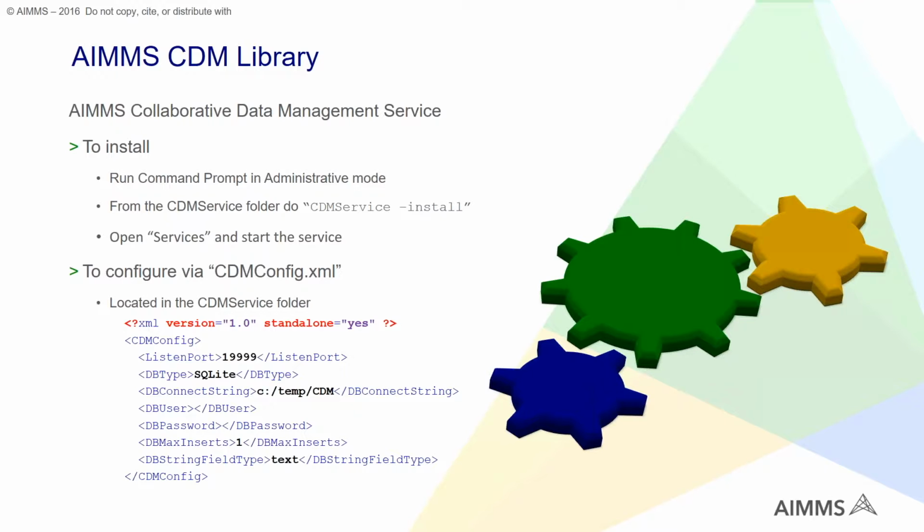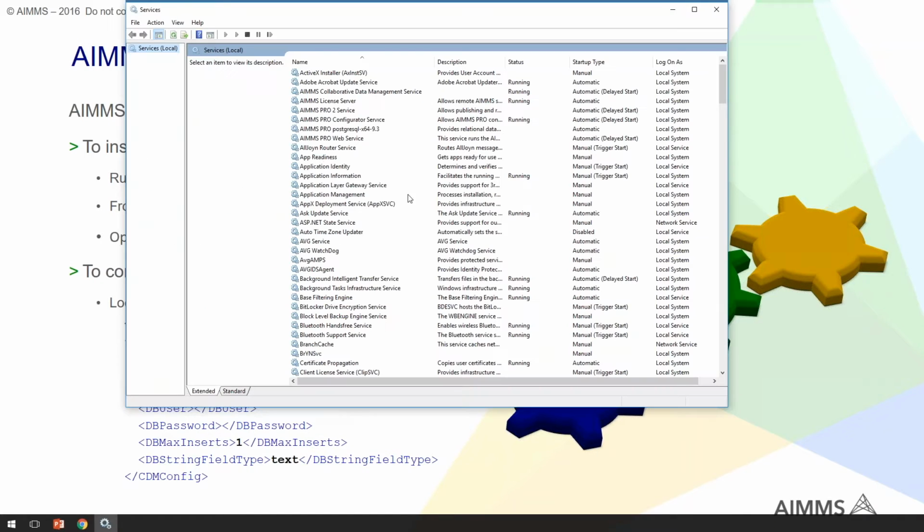From that folder, we need to run the command prompt in administrative mode and install the CDM service. Once we've installed the CDM service, we open the services panel in our Windows, the one you can see here, and we have to start the service to be able to have the CDM working on the machine.